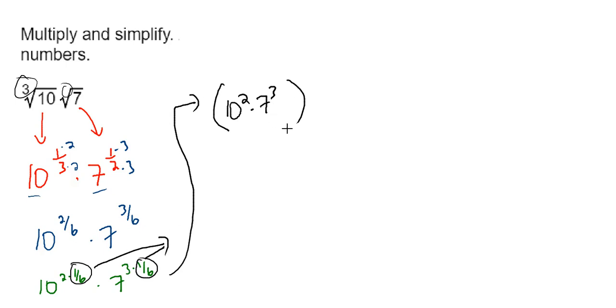Then this power of 1/6 will be taken outside parentheses, so it'll be raised to the 1/6 power, which I can now write as a 6th root. Inside the 6th root, we'll have 10 squared times 7 to the 3rd power.